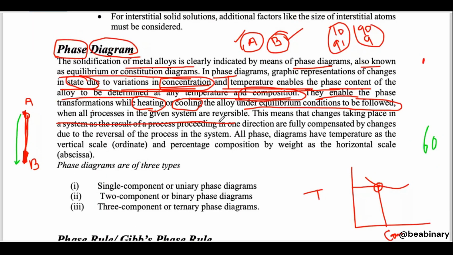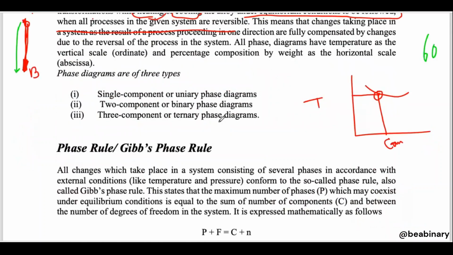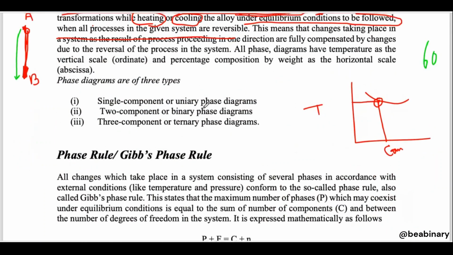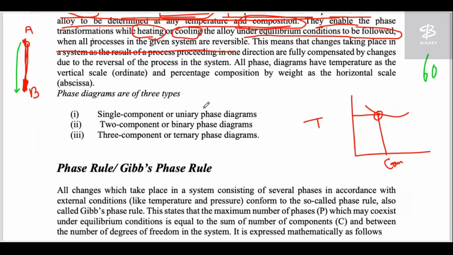The system must be reversible, meaning they are behaving like a reversible one, though it is not actually possible. So why are we studying it? Suppose you provide heat to a system that is in a solid form. Now they have converted into the liquid form, right?